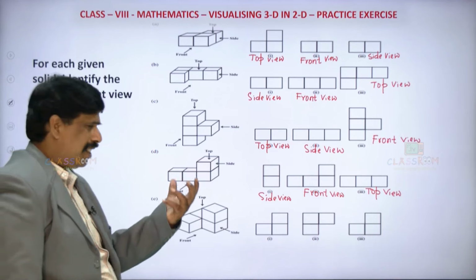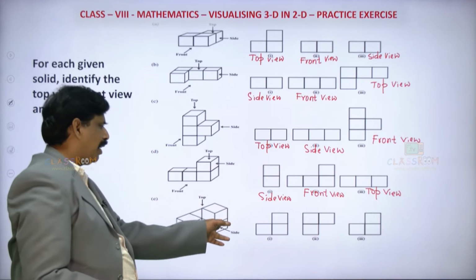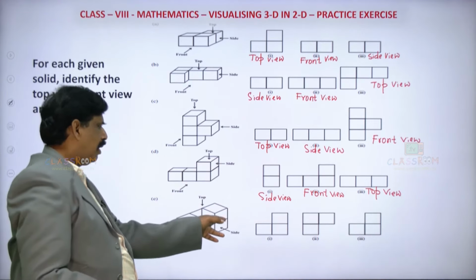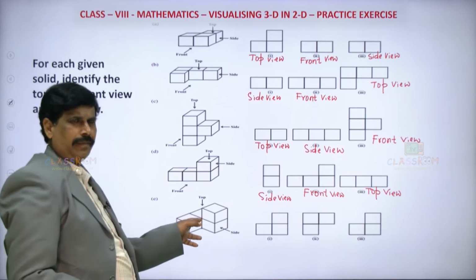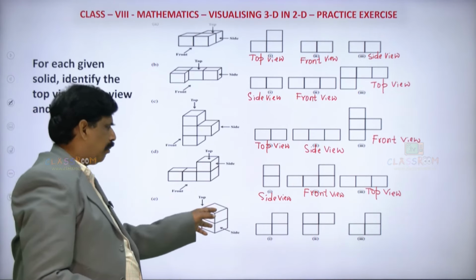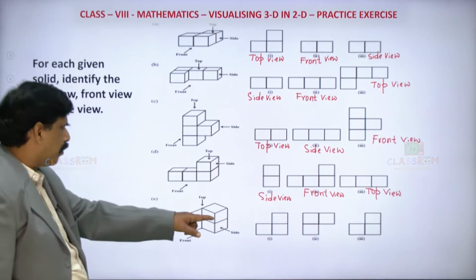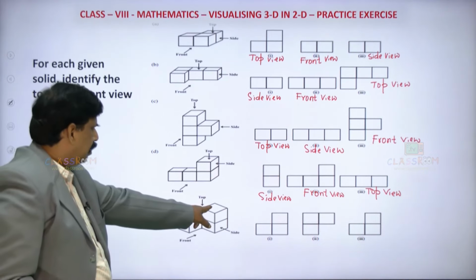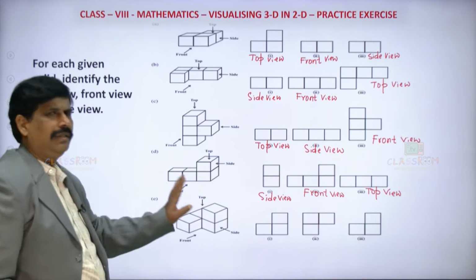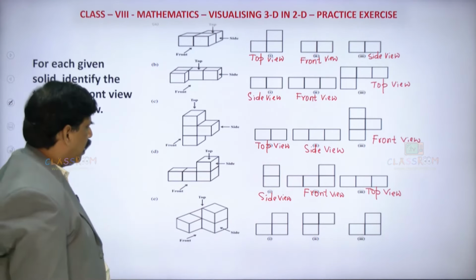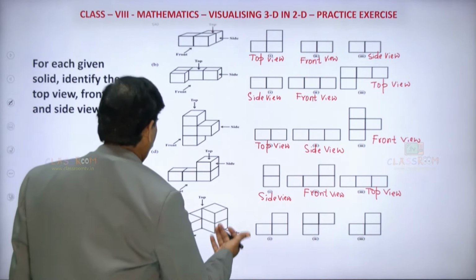When I am looking from the side, we can see only two boxes and this is the other. Is it clear? We can look from this, and when we look from the top, we can see this, this and this. So now look at here, when we are looking from here, what could we see now.